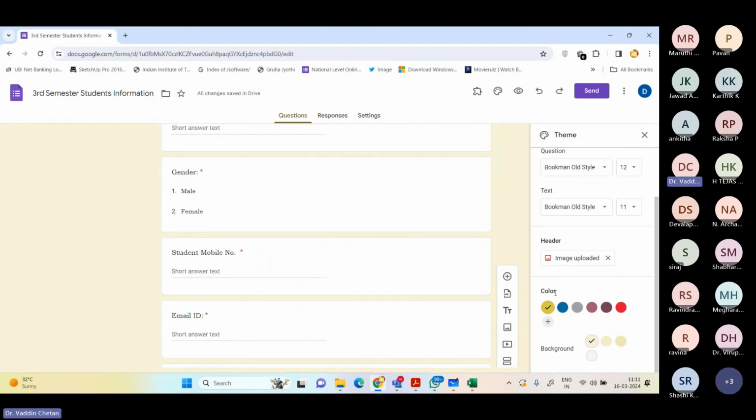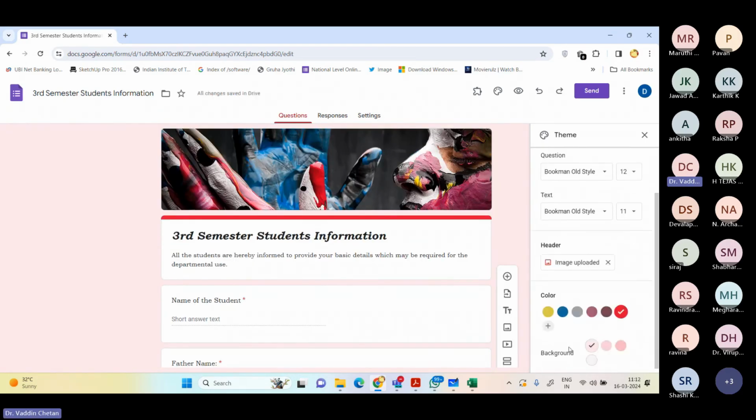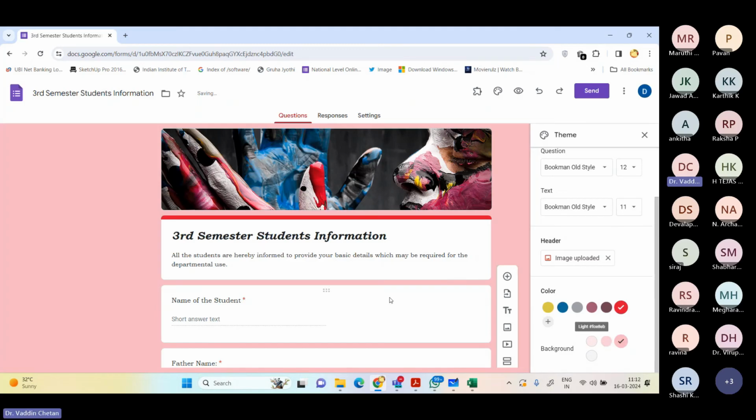Color theming automatically it has taken. If you want to change, you can change it, right? Dark filled, like that. This color also you can change, whichever color you feel, brownish or reddish or pinkish, you can choose it, right? Background, let me make it as darkest, dark pink.